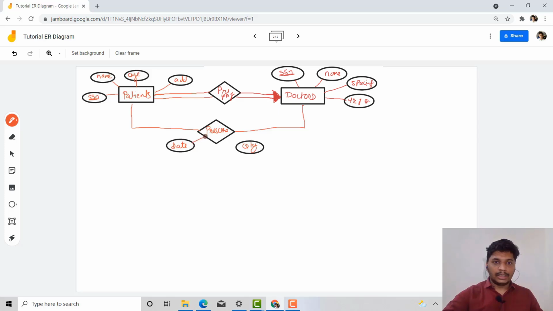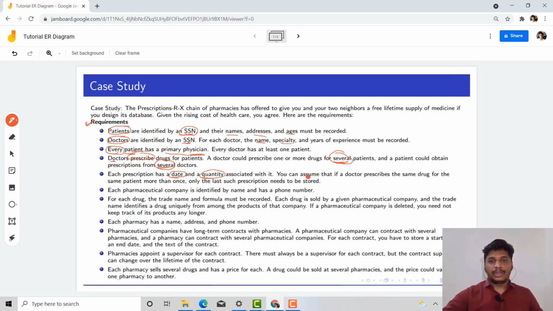And we need to link these attributes to the relationship. Now you can assume that if a doctor prescribes the same drug for the same patient more than once, only the last such prescription needs to be stored. So we will see this later because we will require the entity drug here.